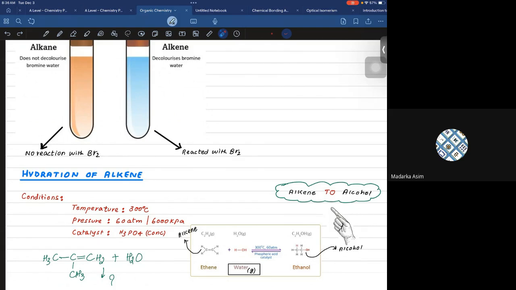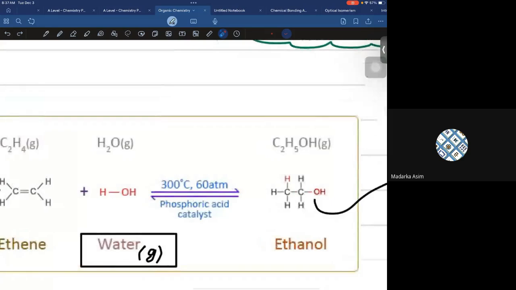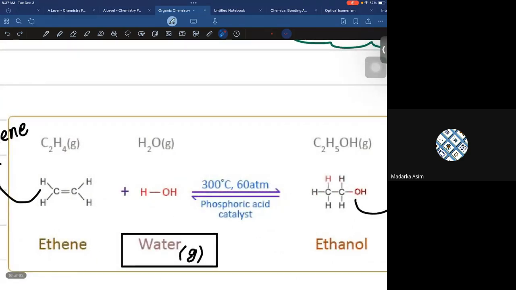So in hydration, we provide 300 degrees Celsius temperature, 60 atmospheric or 6,000 kilopascal pressure, and we add a catalyst that is phosphoric acid. The catalyst should be concentrated. Under these conditions, your alkene would be converting into an alcohol.